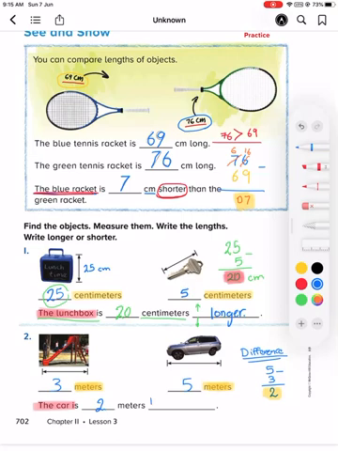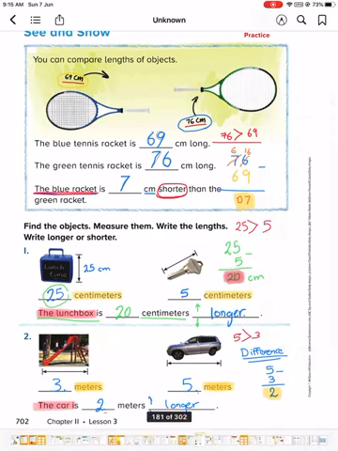Is it longer or shorter? Just have a look. Which one of these two measurements is bigger? Of course, 5 is bigger than 3, and earlier 25 is greater than 5. So longer. Good job. The car is 2 meters longer than the slide.